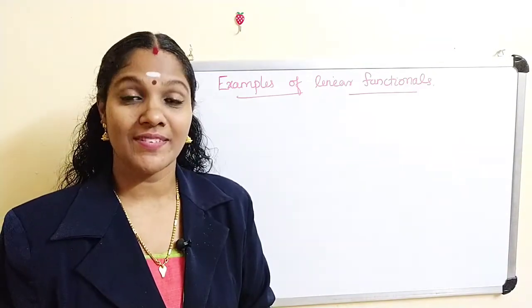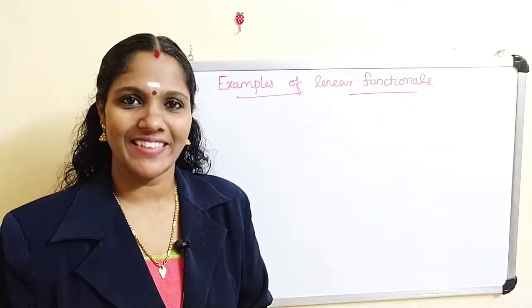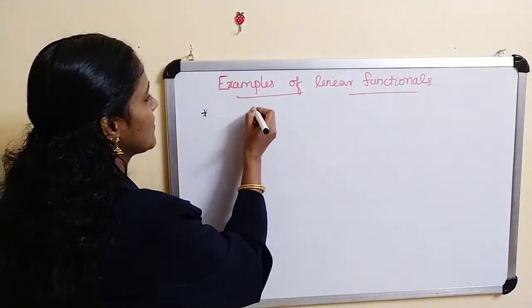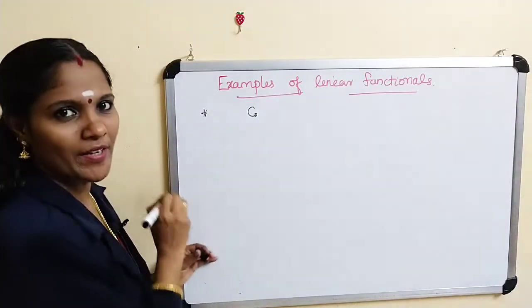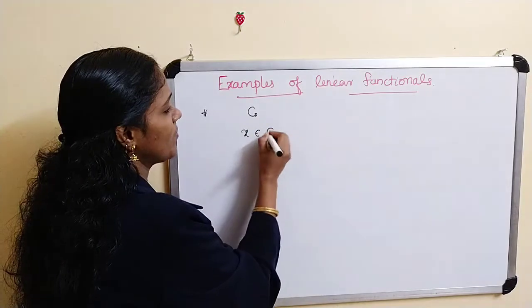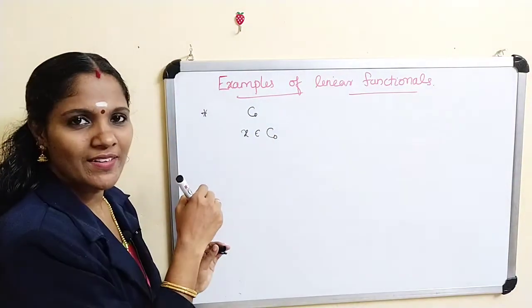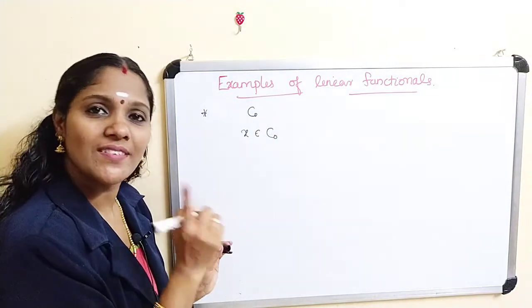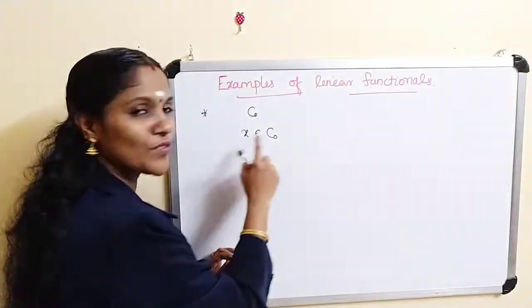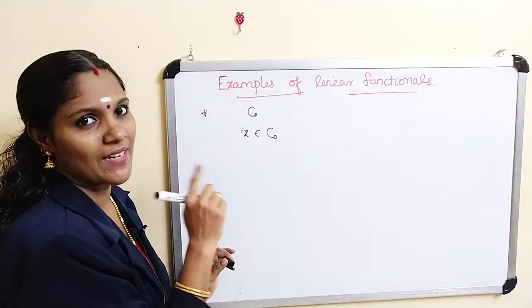Now we are going to discuss some examples of linear functional. Consider the space c0. Now on c0, let x belongs to c0. What is the meaning of c0? c0 means the set of all sequences that converge to 0. So x belongs to c0 means x is a sequence converging to 0.